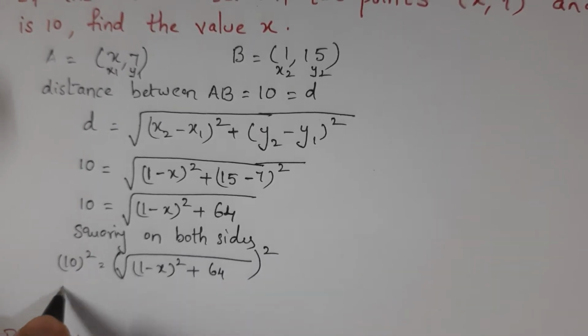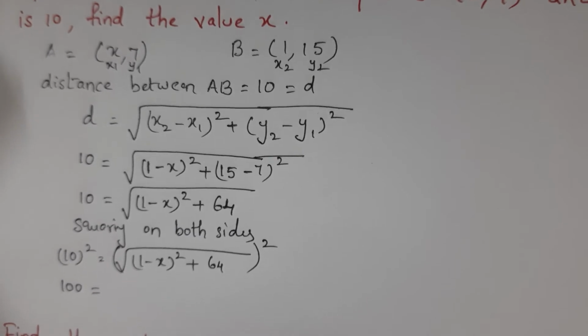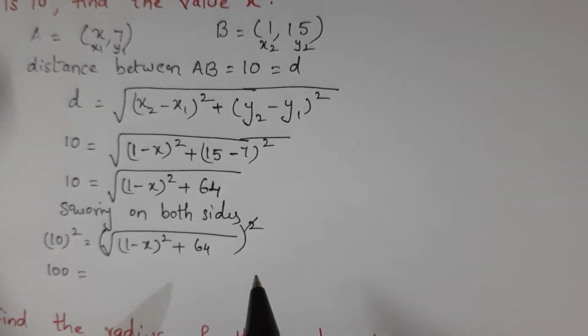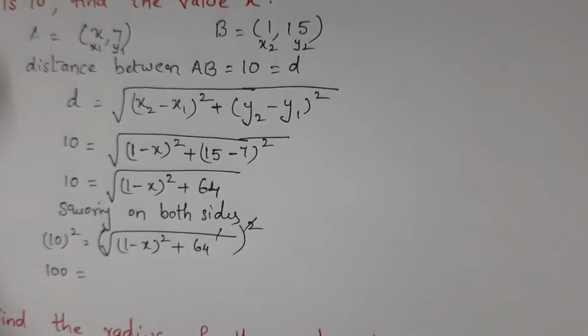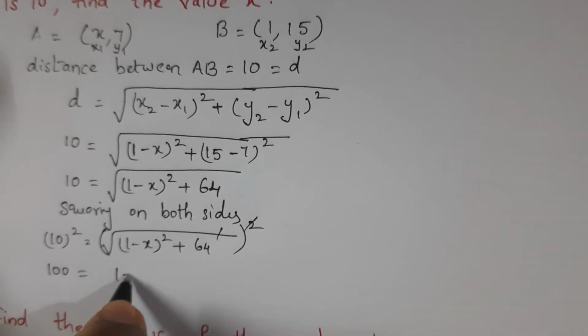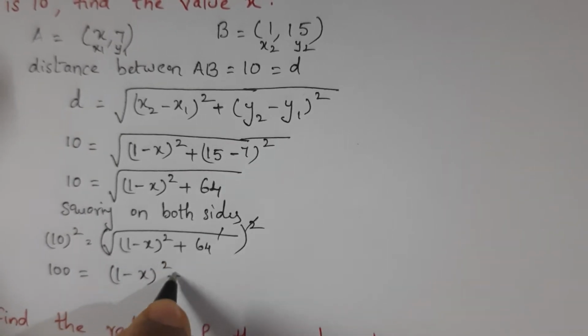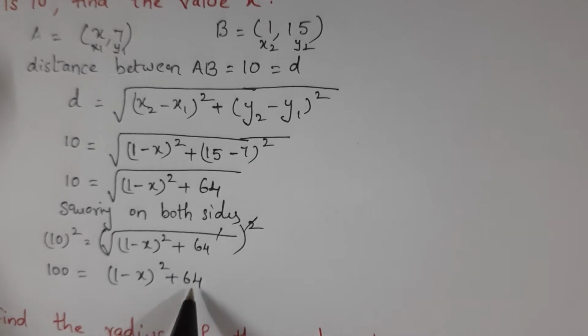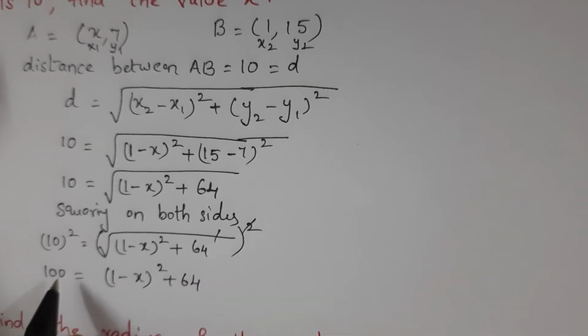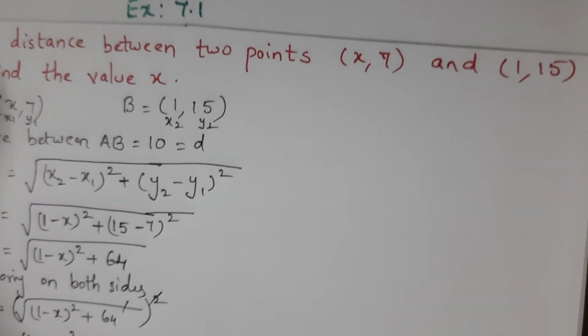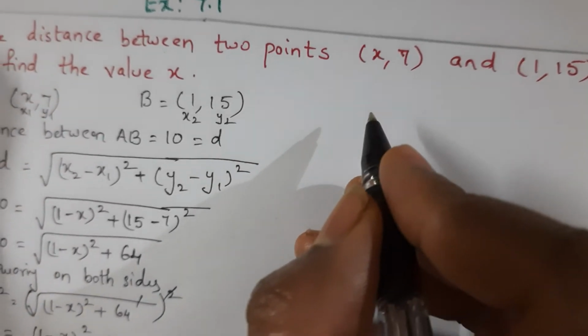So 10 square means 100 is equal to, so this square and square root gets cancelled. Now the remaining is 1 minus x whole square plus 64. So bring this 64 to the left hand side, then it becomes minus 64.